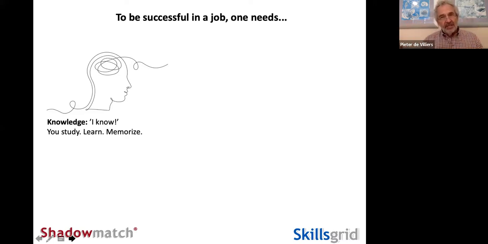Now, there's a lot of research being done currently, and I've read a lot about this in preparation for this webinar, about what happens with the knowledge: it tapers down. So we get trained as engineers, we end up in a job as an engineer, and we use a very small percentage of the content of the theory that we have been trained on.